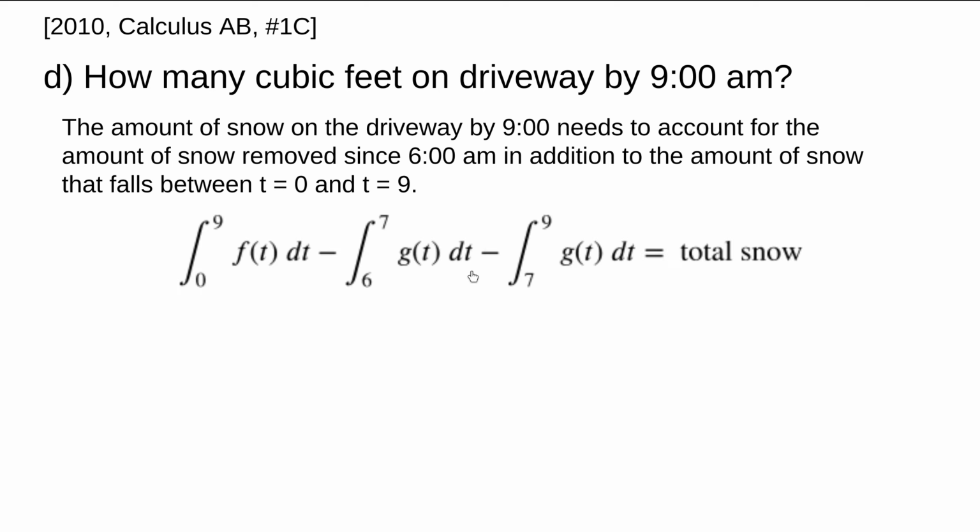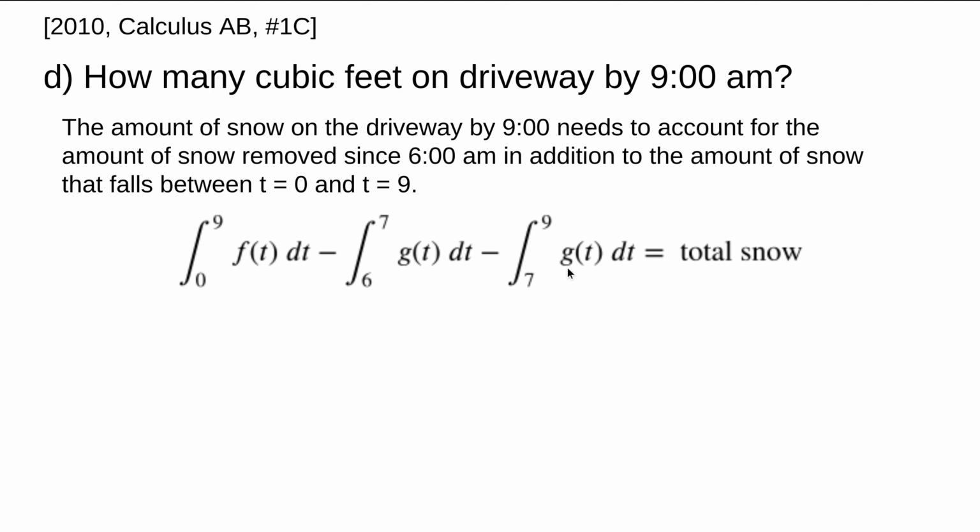All right, so we want the total amount of snow that falls between 0 and 9, so midnight and 9 a.m. Then we have to take away any snow that was removed between 6 and 7 at the rate that Janet was removing snow between 6 and 7.